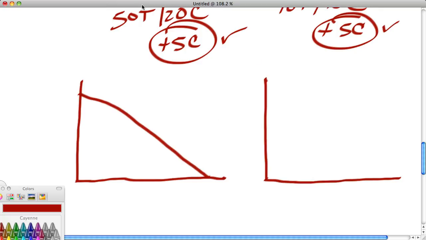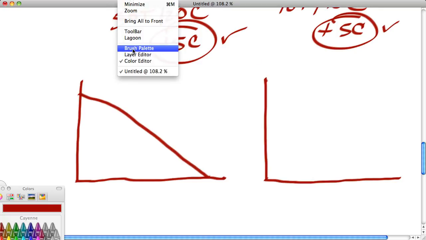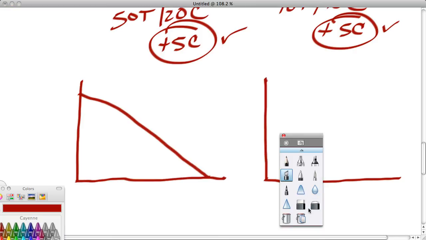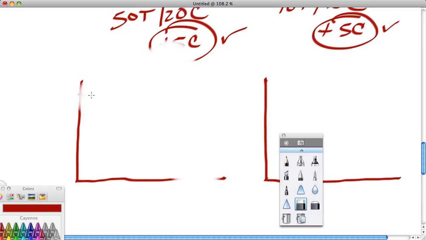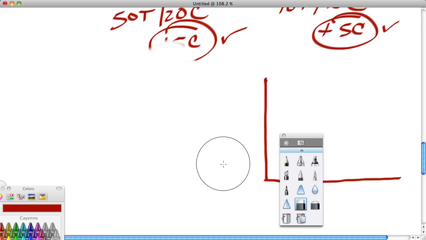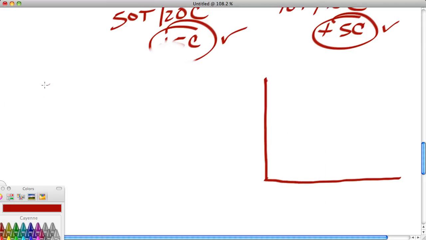So let me use my fancy smancy eraser, and I will erase that very poor line. Let me use a more powerful eraser, and whoa, too powerful, and we will actually redraw this. Go back to my pen and get that out of the way, and we are back in business.